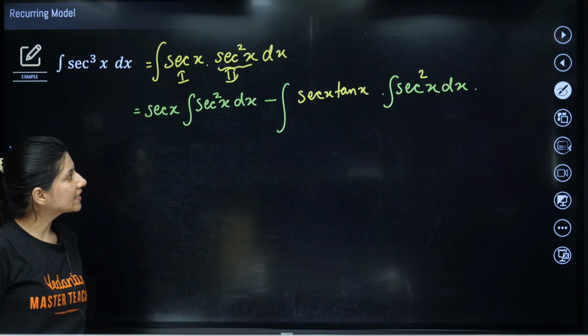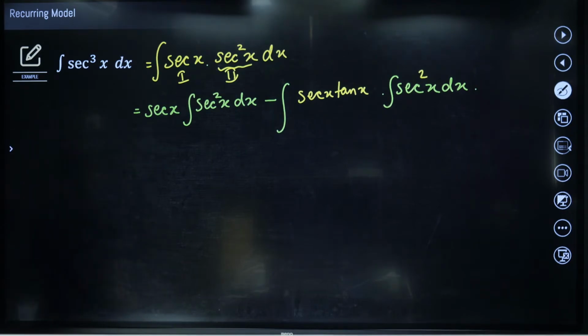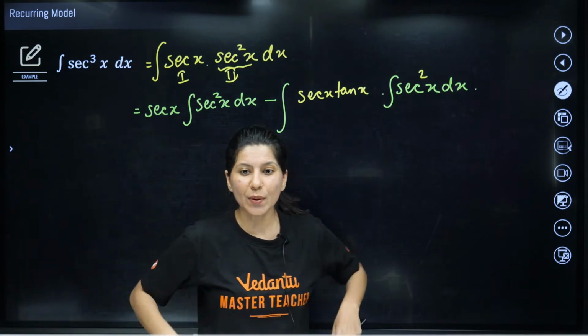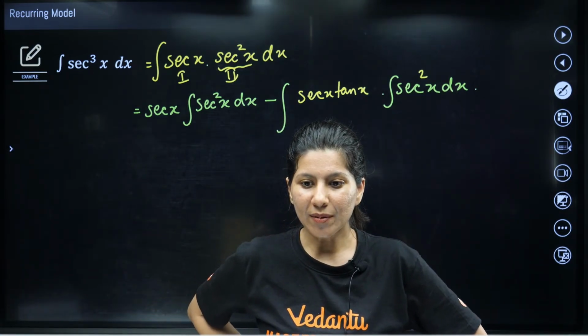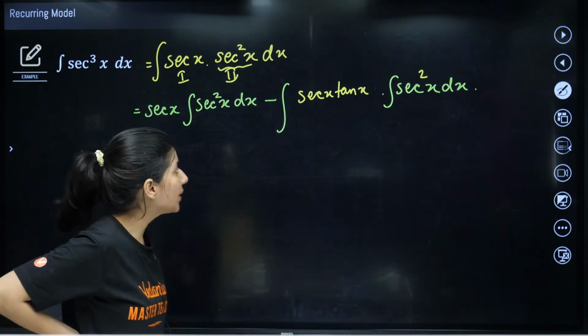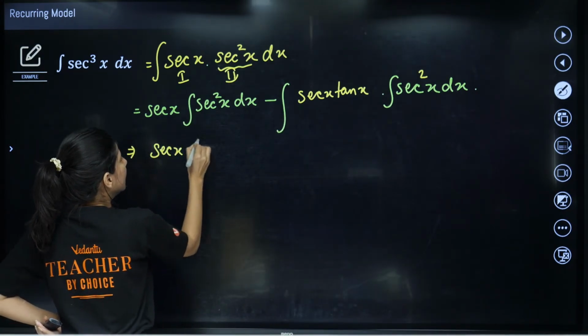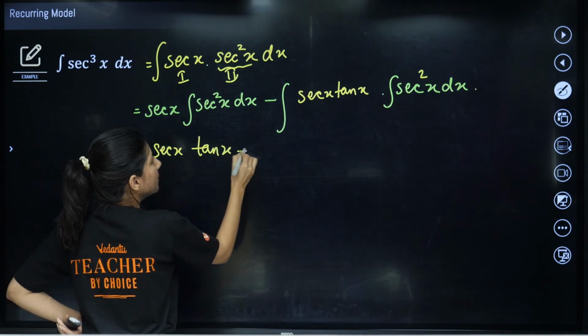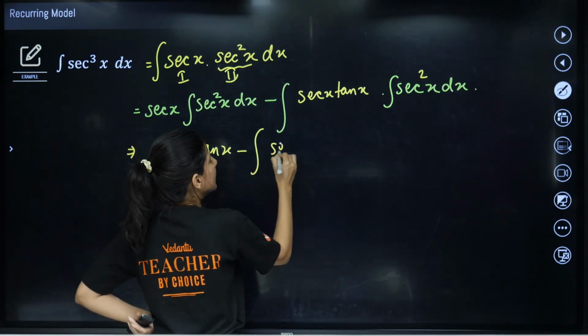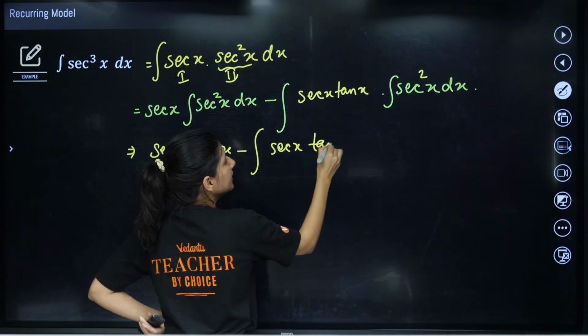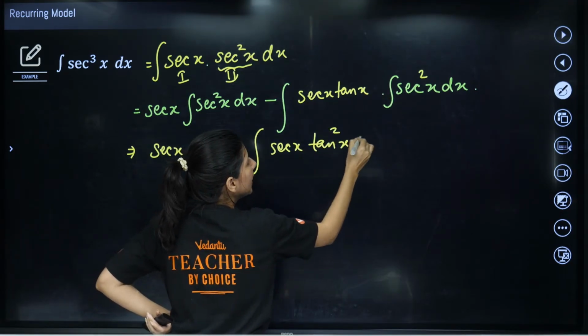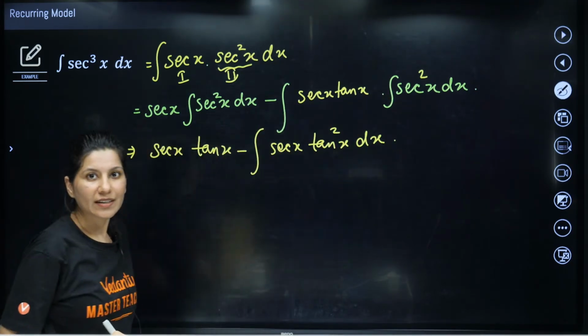Sec x tan x, integral of sec square x. Can anybody tell me what is the integral of sec square x? Integral of sec square x is known to us, right? Tan x minus integral of sec x tan x and one more tan x, right?